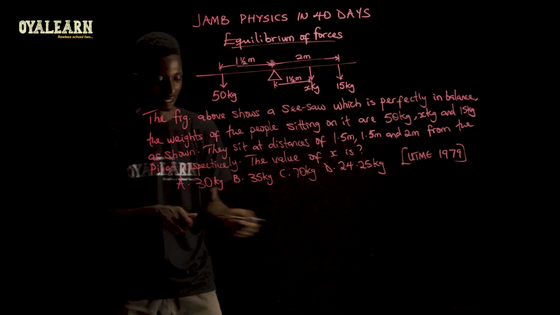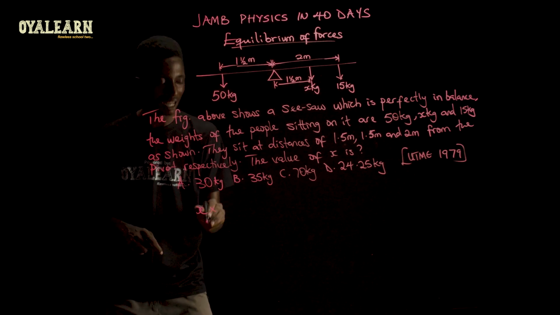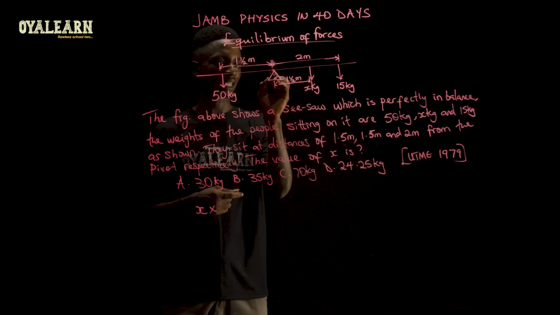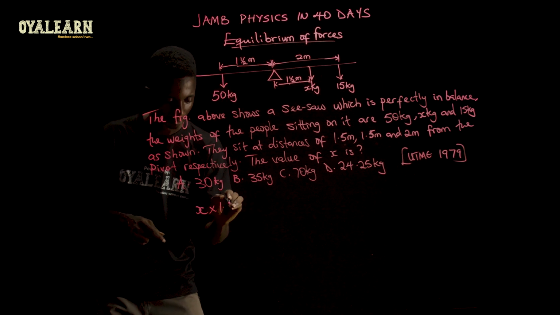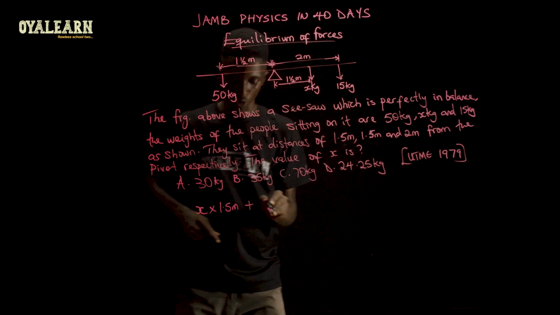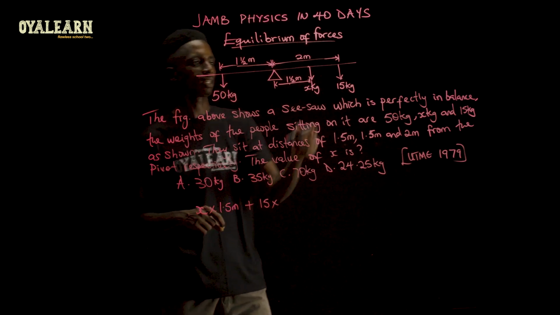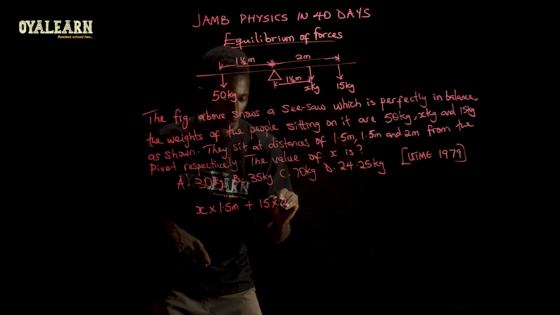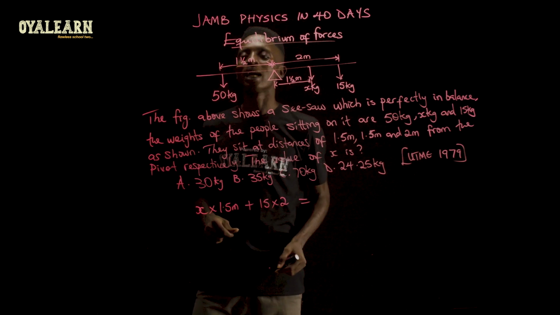So let's apply that. We have X kg multiplied by the perpendicular distance, that is this distance here, 1.5, plus this other one, which is 15 multiplied by the perpendicular distance, that is 2. And this equals the anti-clockwise one.